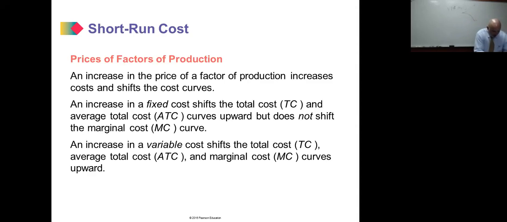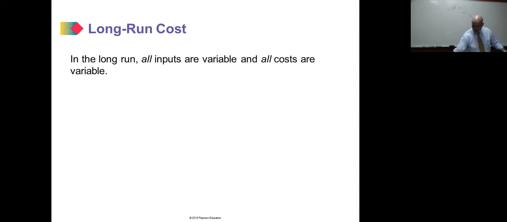An increase in productivity shifts the product curves upward, cost curves downward. If a technological advance results in the firm using more capital and less labor, fixed cost will increase, variable cost will decrease. It's kind of a quick summary.